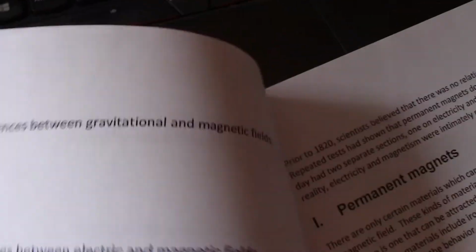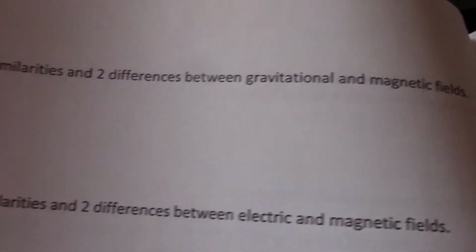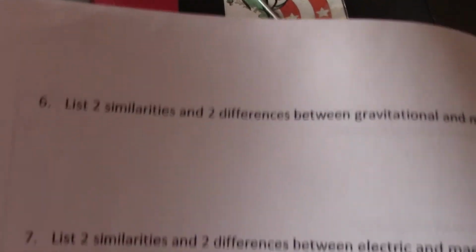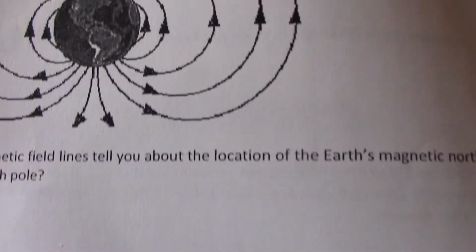You should be able to explain these answers 6, 7 after I look at magnetic fields and gravitational fields. The notes here talk about permanent magnets and electromagnets. Read through those. You can do that field lab on your own time.